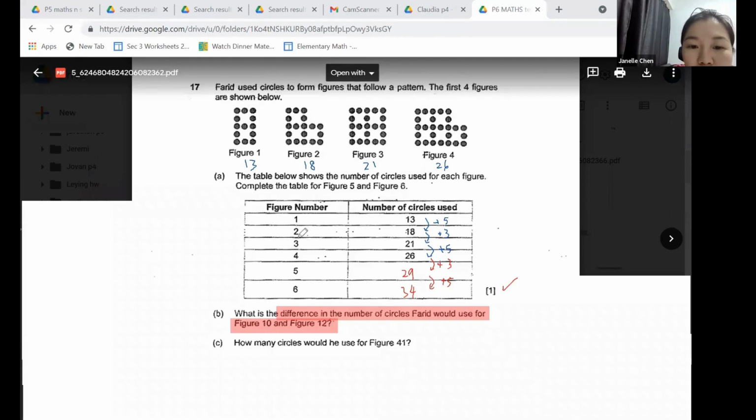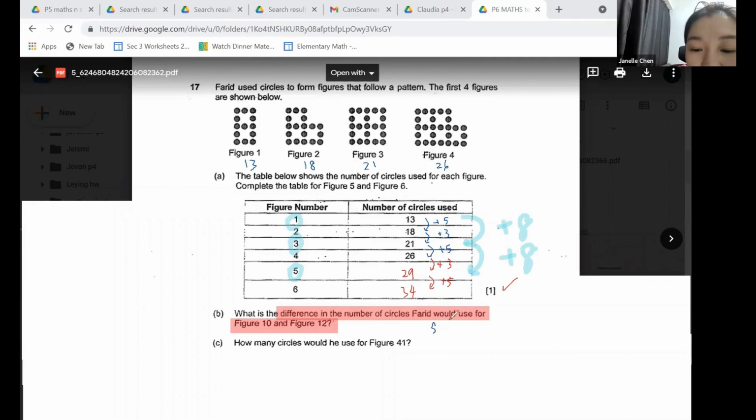We have figures 1, 3, 5 as alternate. If I go from 1 to 3, it's from 13 to 21, which means I plus 8. Then if I go from 21 to 29, it's also plus 8. So the difference between every alternate figure number is basically just 8.